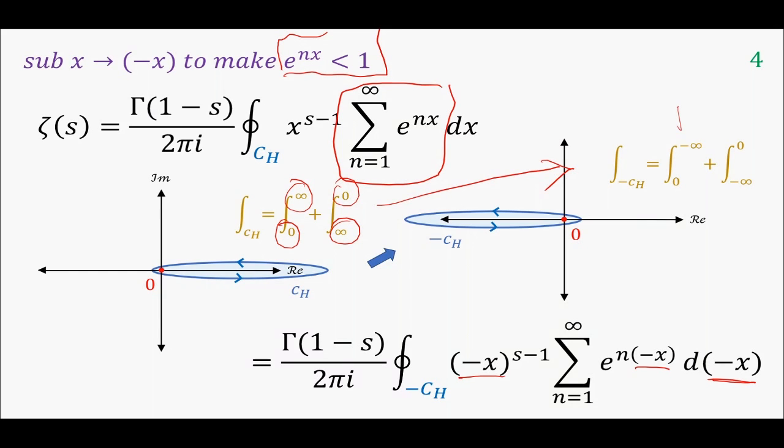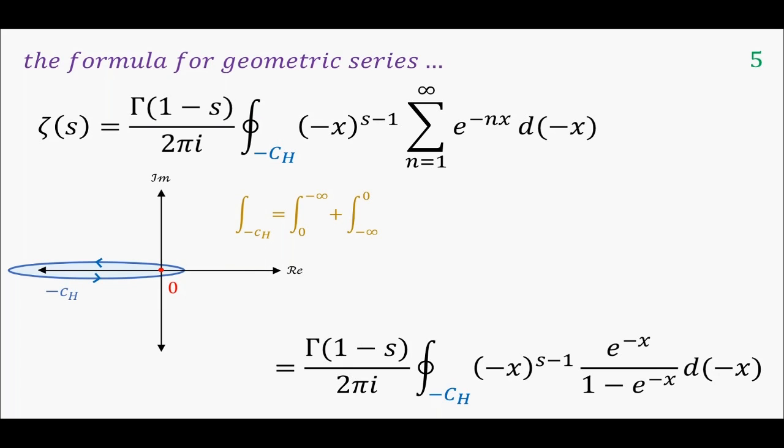Look, now this is negative and this is negative, and now the contour is over here. Just a little something to pay attention to. So anyways, I'm going to slide 5 here.